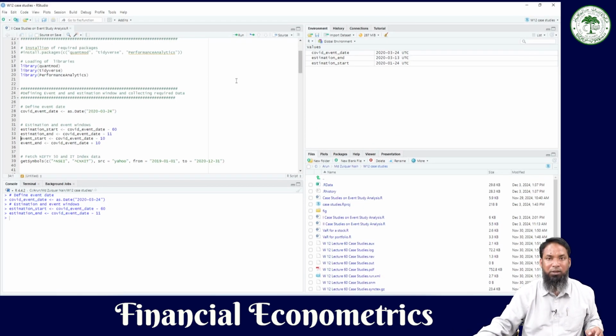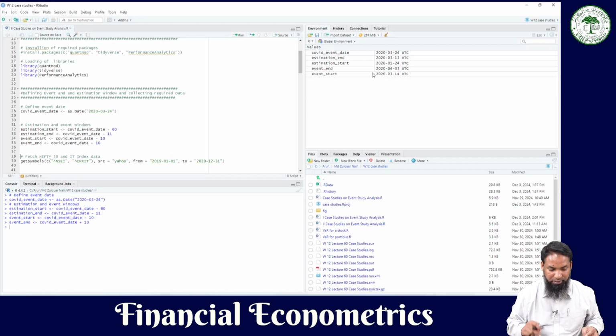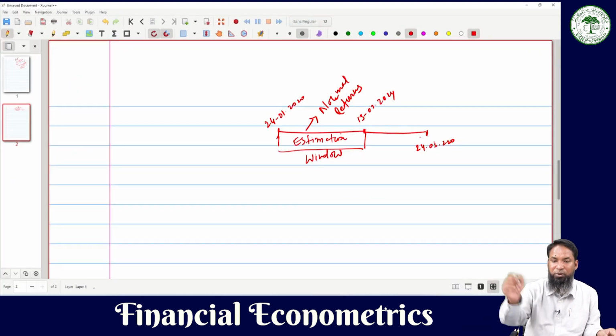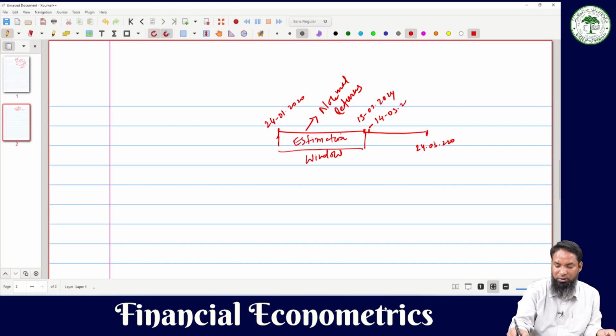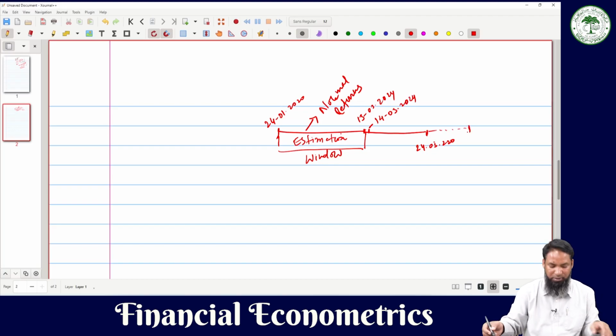Now let us look at the event window. The event window starts on the 14th March 2020, which is 10 days before the event, basically 14 days window here, and ends 10 days after the event, that is on the 3rd April 2020.